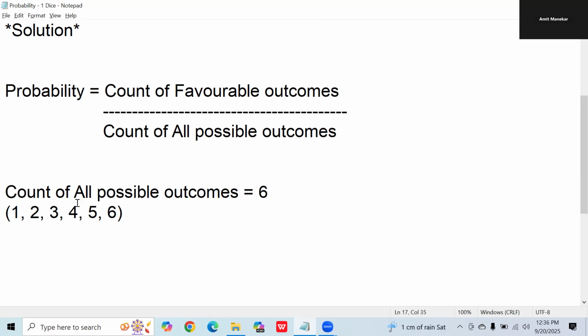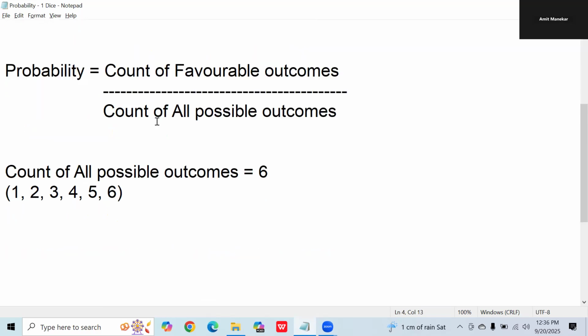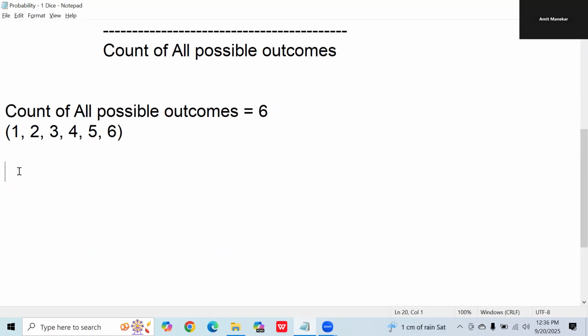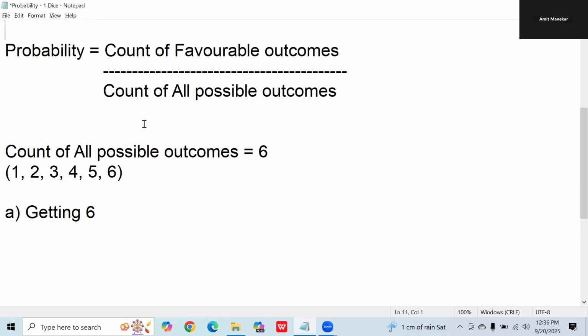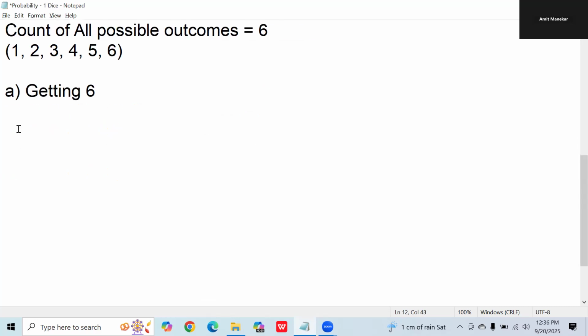Now let's start solving the problems one by one. Let's say getting 6. Let's try to find out the count of favorable outcomes for getting 6.